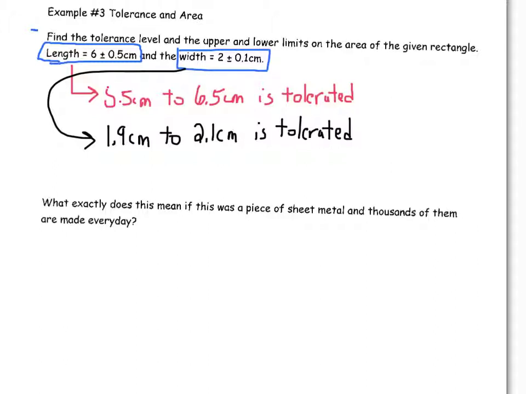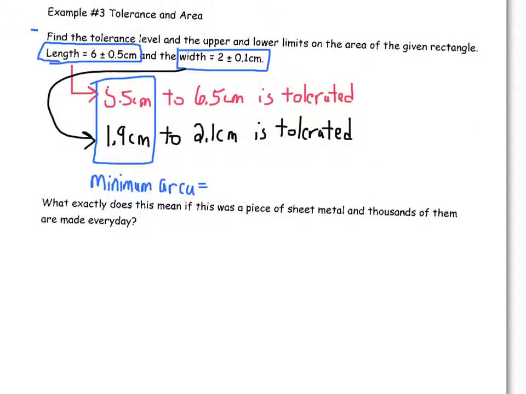Okay, so the minimum dimensions are here. At a minimum, this rectangle has got to be 5.5 by 1.9. And so the minimum area, well, area is calculated by length times width.